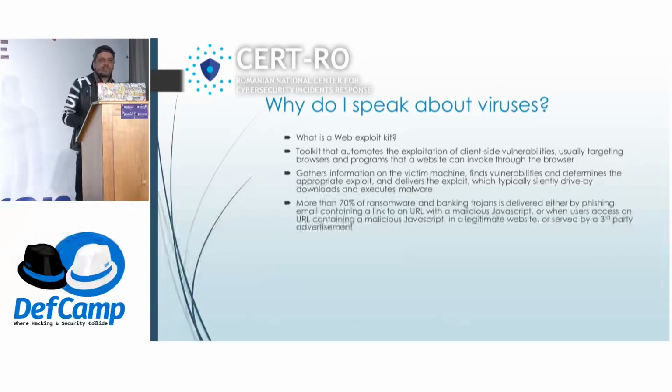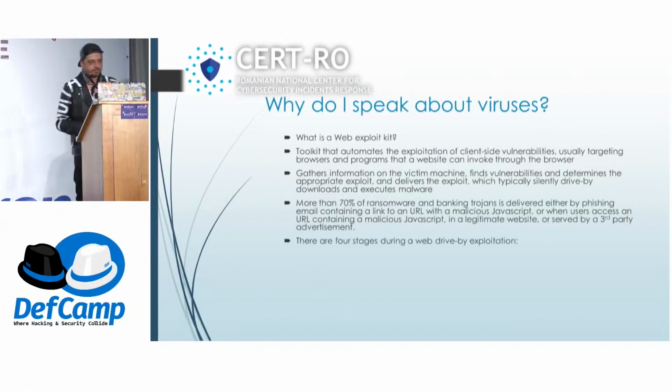More than 70% of ransomware and banking trojans is delivered either by a phishing email containing a link to a URL with a malicious JavaScript, or when a user accesses a URL containing a malicious JavaScript in a legitimate website, or served by a third-party advertisement.